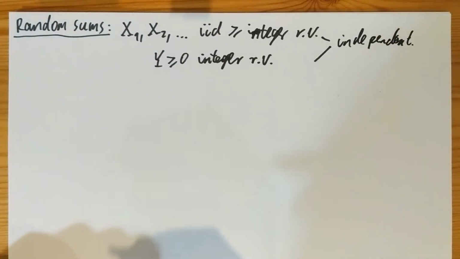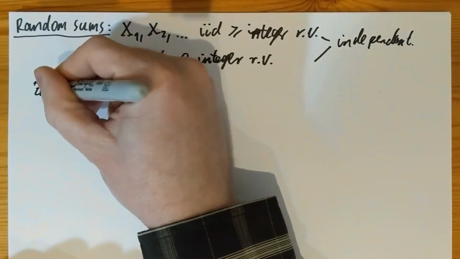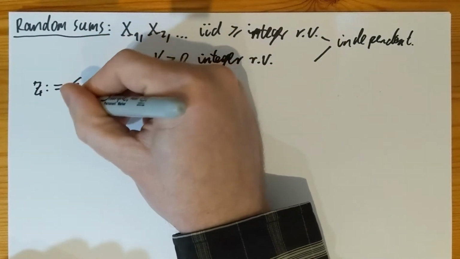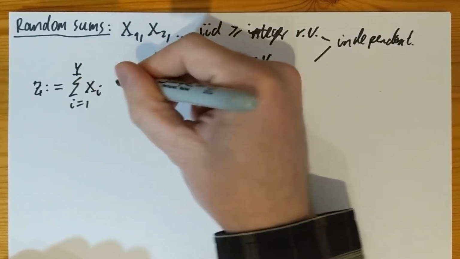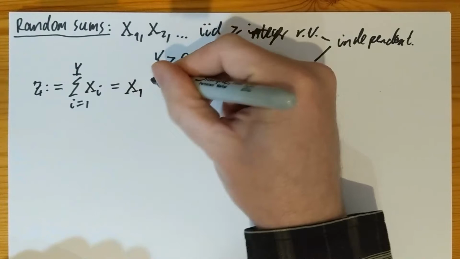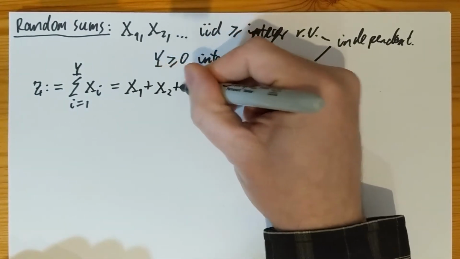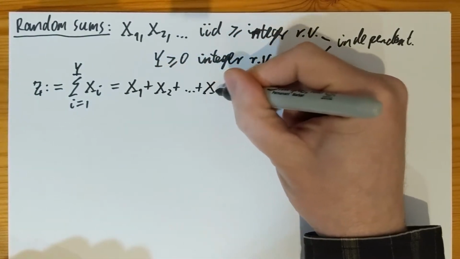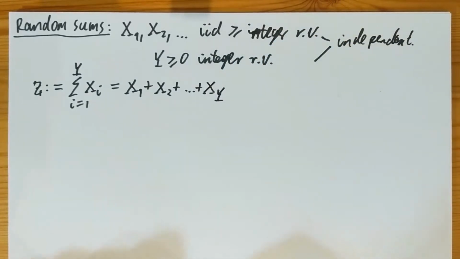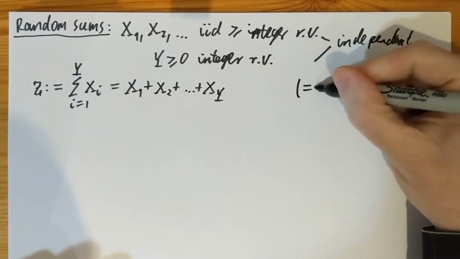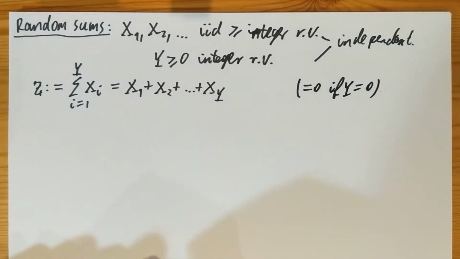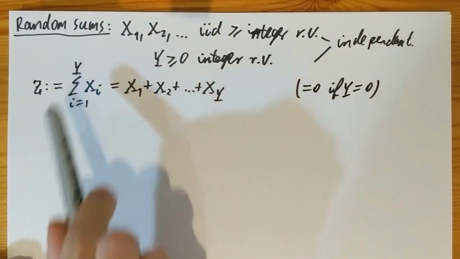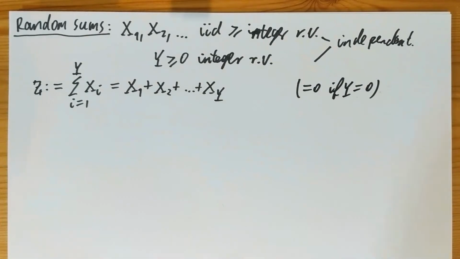That's the starting setup, and I'm going to define Z to be the sum from 1 to Y of the Xi's, or we can say X1 plus X2 plus and so on up to XY. Just a convention here: this is equal to 0 if Y is 0. Empty sums are considered to be 0.